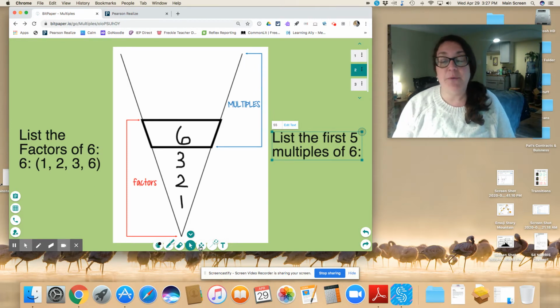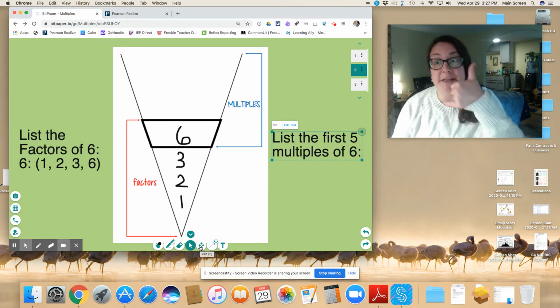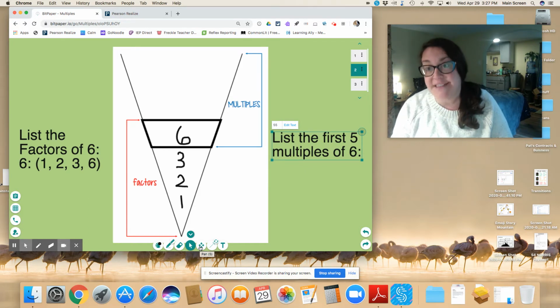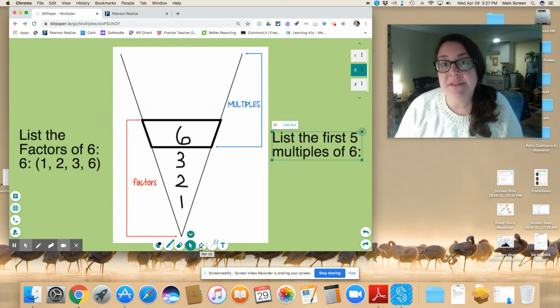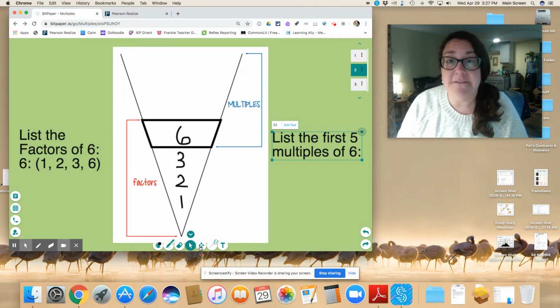So if you were looking at your multiplication chart, this is going to help you a lot to do multiples. If you were to list the multiples of 2, they would be 2, 4, 6, 8, 10. If you were to list the multiples of 3, they would be 3, 6, 9, 12, 15, 18, 21.